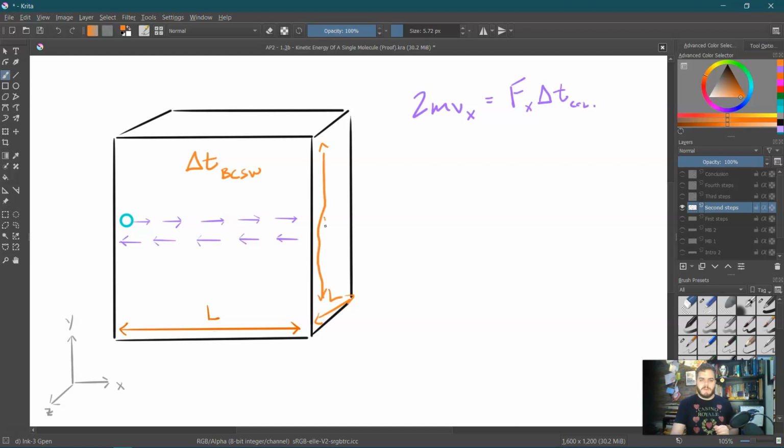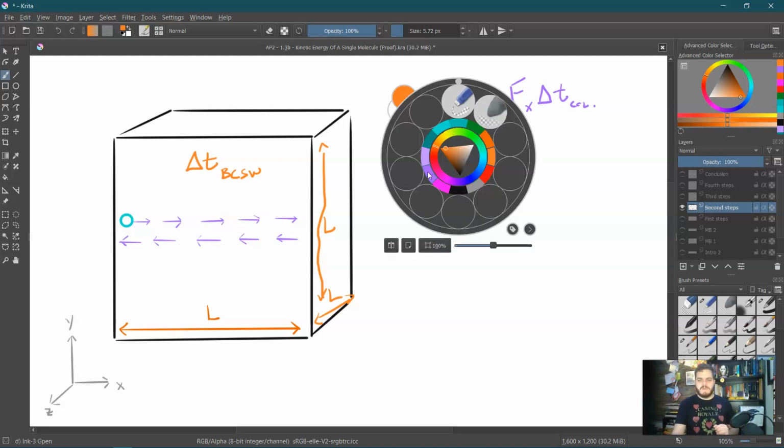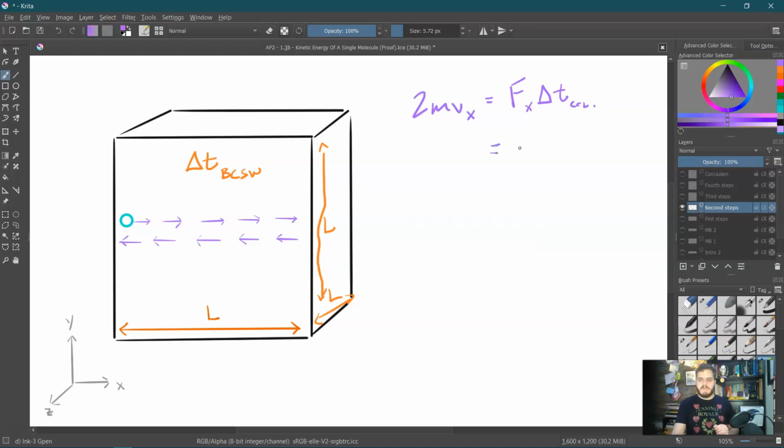Additionally, if we do this, let me go ahead and substitute. I'm going to leave the left-hand side of the equation the same. So we're going to have delta t between collisions on a single wall. And if we do that, well, the force has to go way down, right? Because we've gone from a tiny time of collision with a wall to a much longer time, because it has to go all the way to one wall and back.